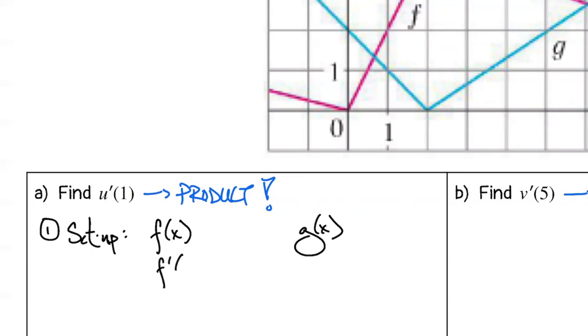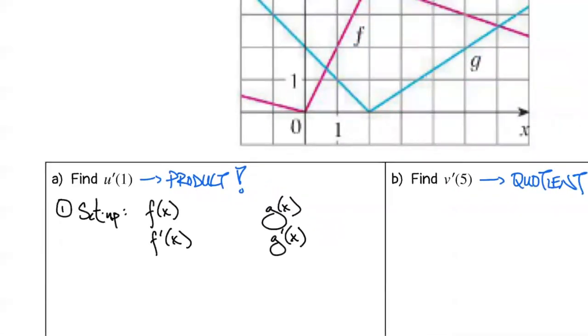Exactly, f prime would be the derivative. And what would we say is the derivative for g of x then? Exactly. Okay. So sometimes we're like, well, but I don't know what the derivative is. Like, I don't have an equation and that feels so uncomfortable. But here we're just setting up our functions and their derivatives because we have numbers that we're going to be able to find from our graph.